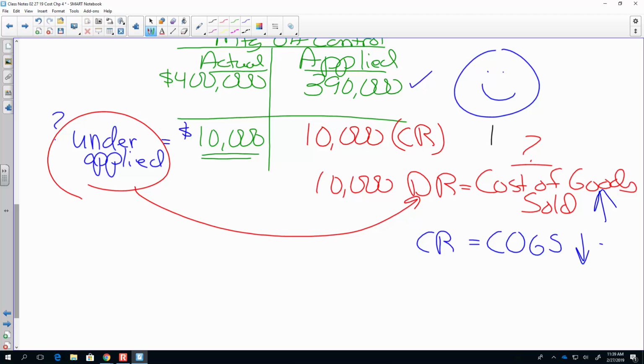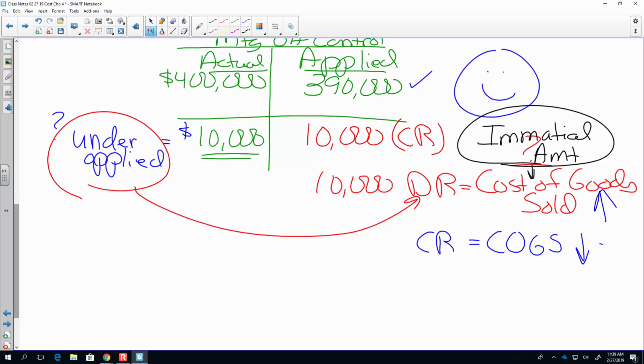Also be aware, the author talks about debiting or crediting cost of goods sold only when it's immaterial. In cost accounting, what does immaterial mean? What does immaterial mean? It's the opposite of material. Now, we're not talking materials, we're talking what?